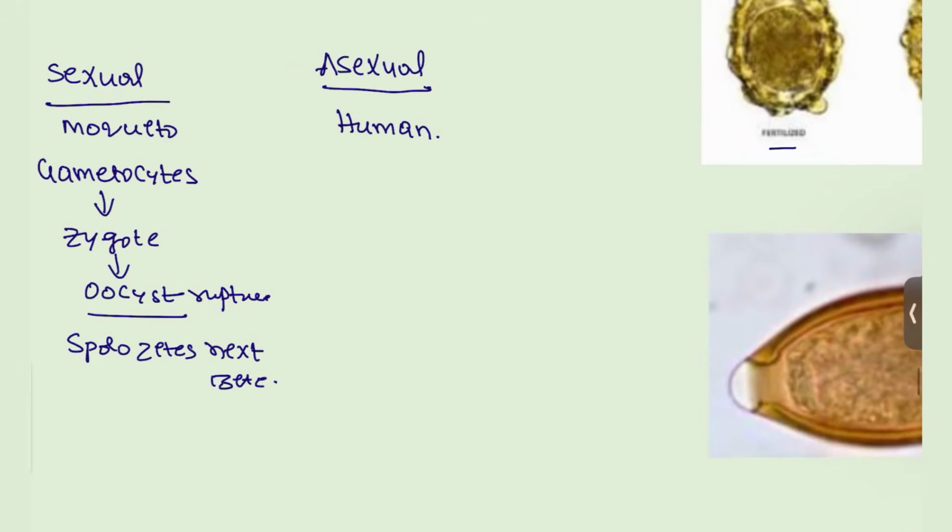Next, coming to humans, the asexual cycle. In this asexual cycle, what happens? They are injected with the sporozoites, right? These sporozoites will enter the liver where they are going to form the merozoites. This is the pre-erythrocytic cycle. Next, after this, these merozoites will enter the RBC.